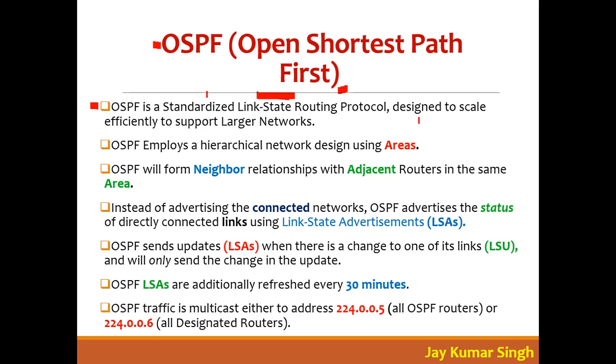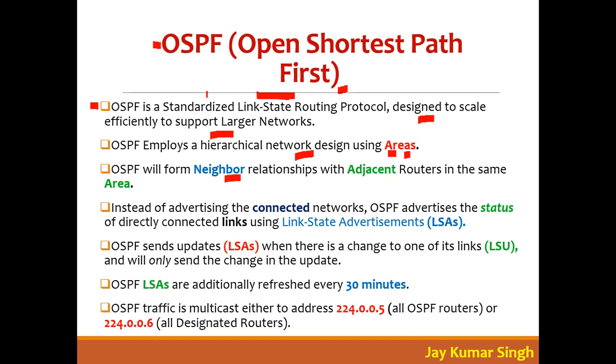OSPF is designed to support large networks like ISP networks. OSPF networks are designed using areas, like EIGRP networks are designed using autonomous system numbers. So here we have the area in OSPF.